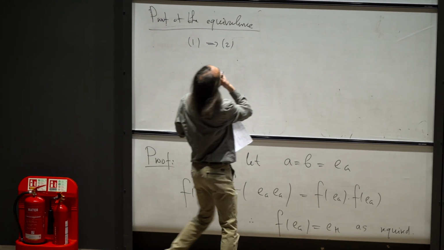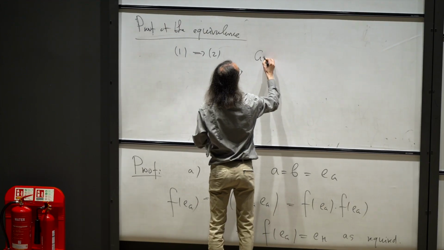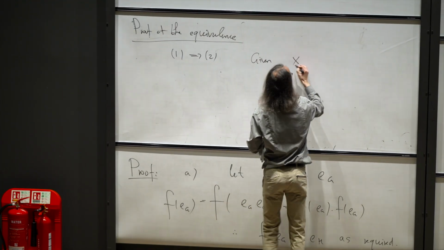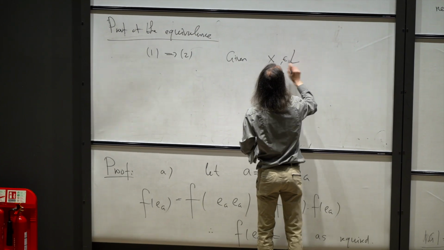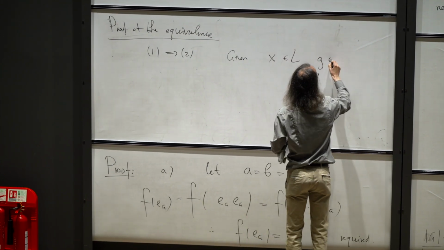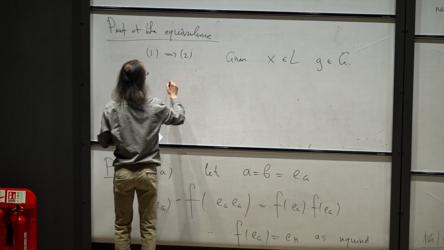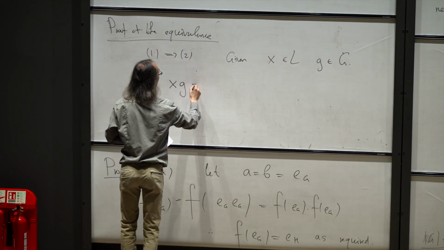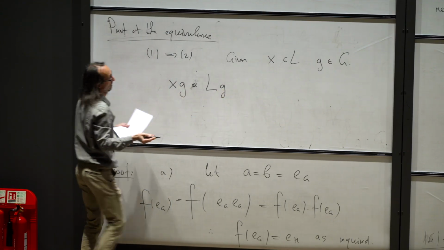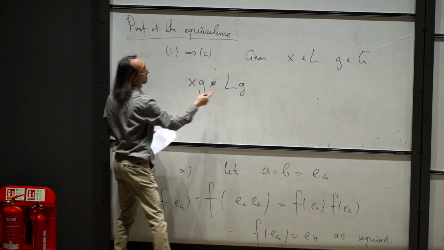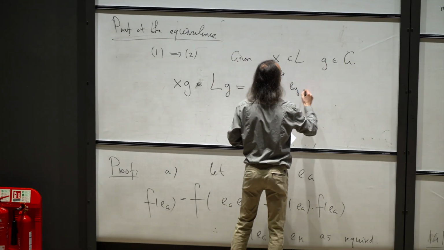Well, given x in L and g in G, the element xg clearly belongs to Lg, because x is in L. But this is supposed to be equal to gL by 1.